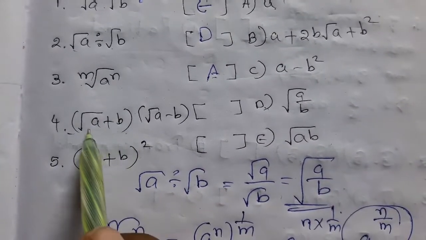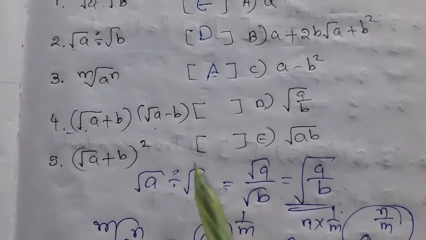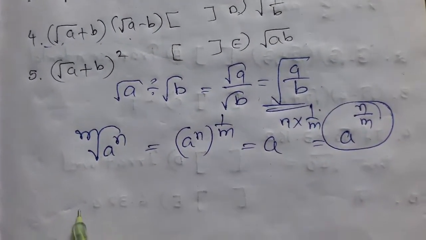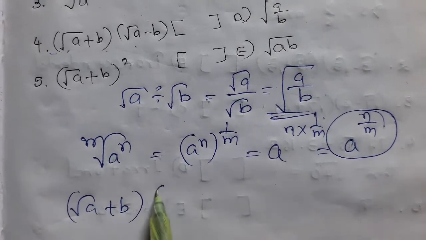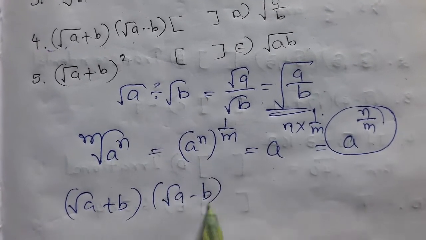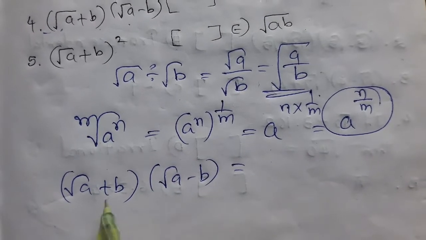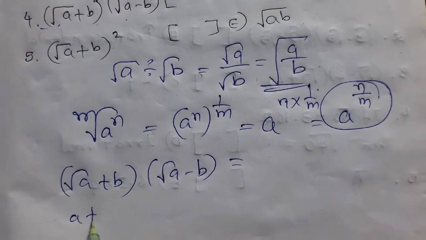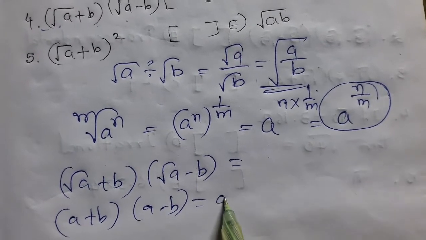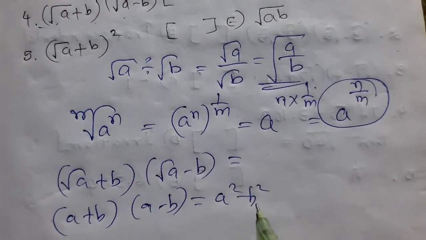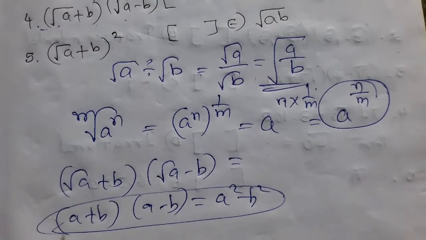Now the a plus b, a minus b form. What is given? Root a plus b, root a minus b. This is the a plus b into a minus b form, that means a square minus b square. This formula is useful.